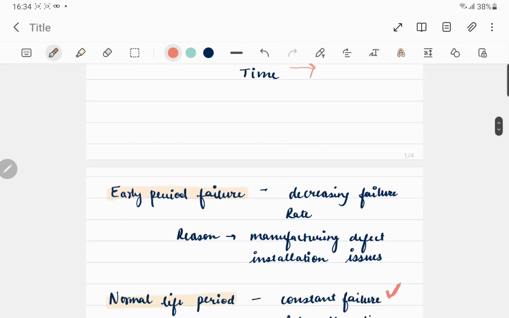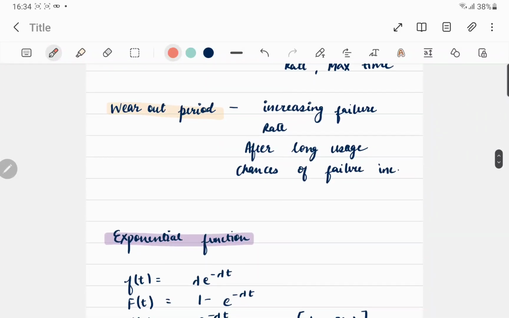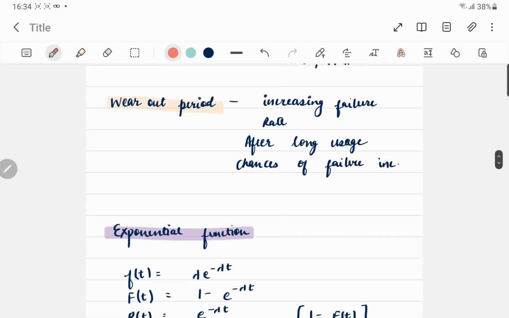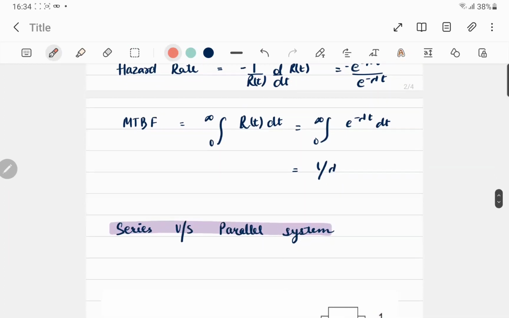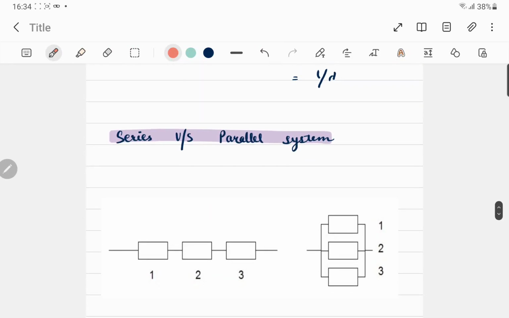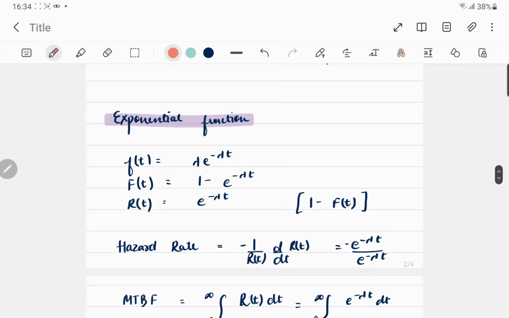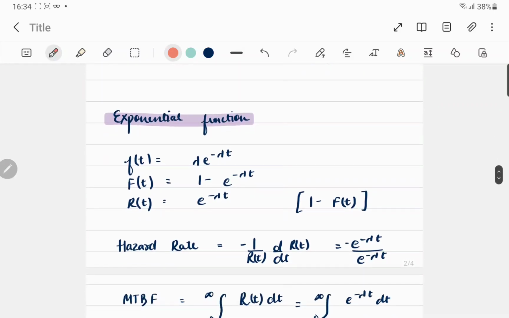Now we will discuss in detail about reliability and various reliability functions, how you can actually calculate the reliability of different systems, that is series and parallel. So let us first understand. Let's say your failure follows an exponential distribution.